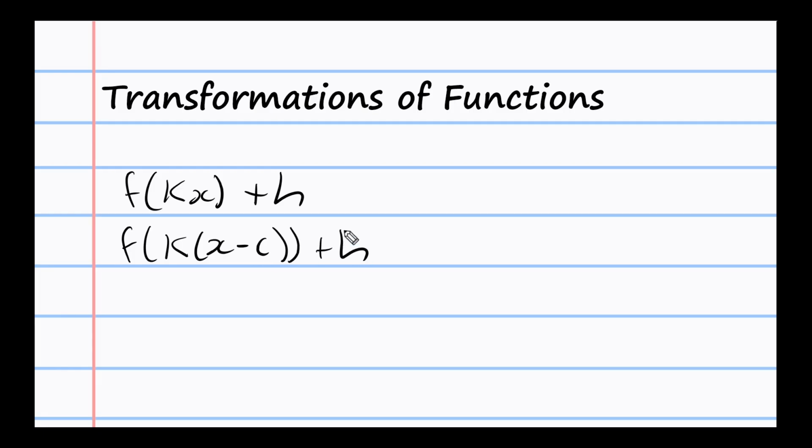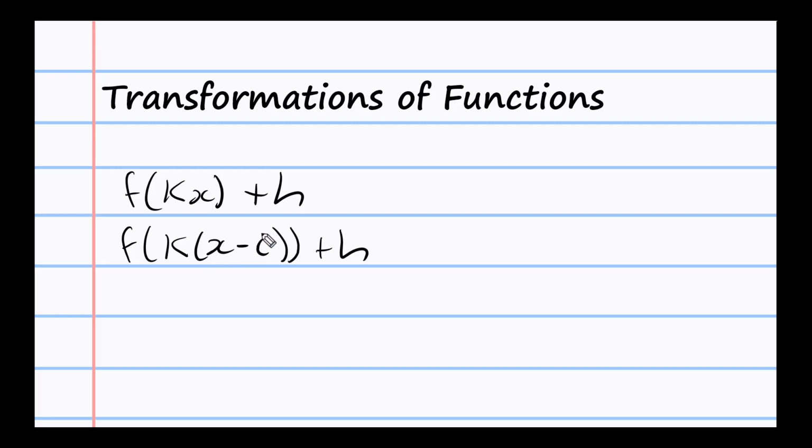So you go right, up, and you also are compressing. It's important to know that you always want to translate a function before you're compressing or stretching a function horizontally.